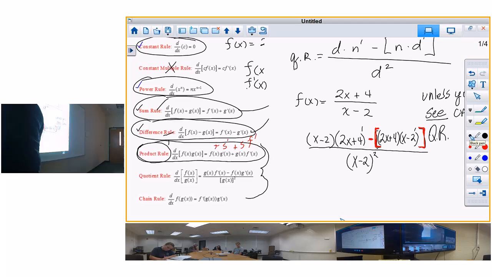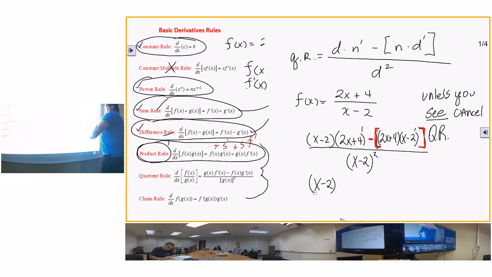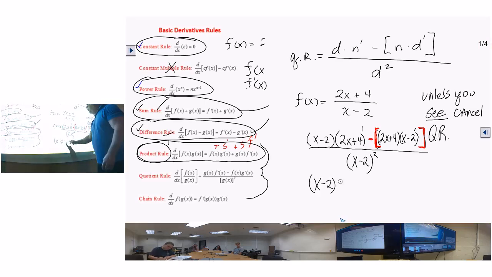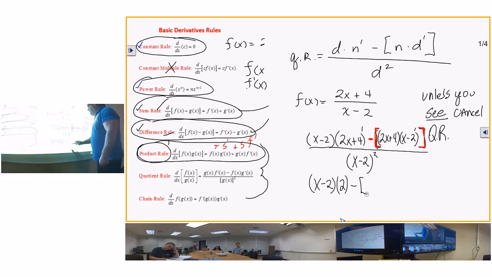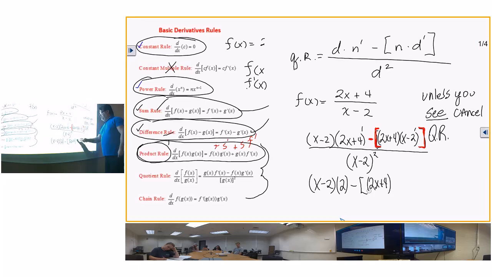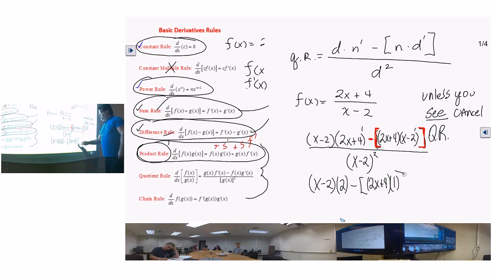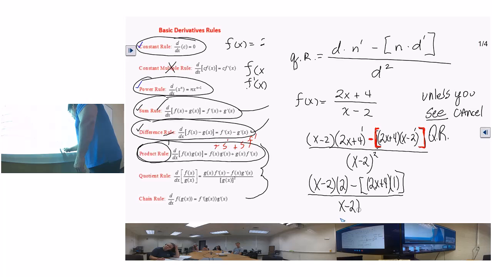So (x minus 2) times, what is the derivative of 2x plus 4? 2, minus brackets 2x plus 4. What is the derivative of x minus 2? I did that on purpose so it would be easy. All over (x minus 2) quantity squared.